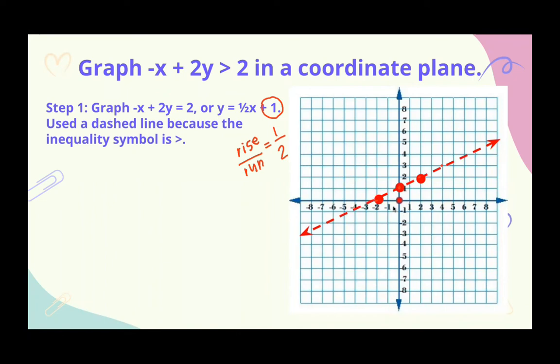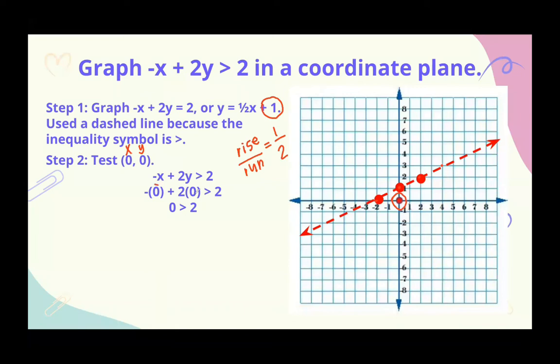And now that you've connected your points, we can move on by testing a point. I'm going to test 0, 0 again, since in this case, 0, 0 does not fall on our boundary line. So plug in 0 for x and also plug in 0 for y. That would give you negative times 0 plus 2 times 0 is greater than 2.